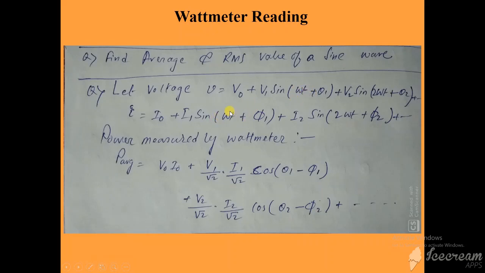So sin A sin B, we know the formula, 2 sin A sin B is cos of A minus B minus cos of A plus B, by 2, right? Something like that. So there you just imagine in your mind, 2 sin A sin B, if we take sin A into sin B, right?